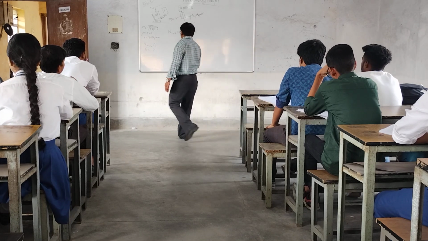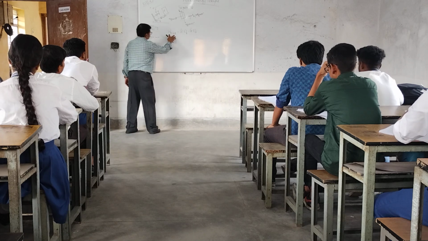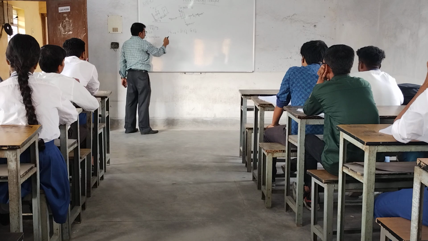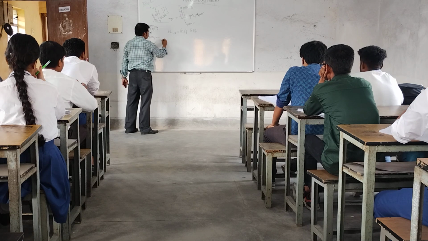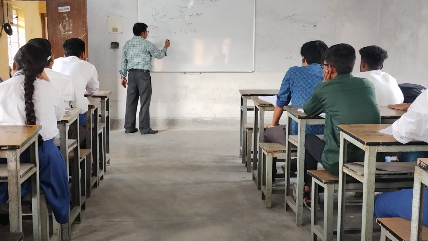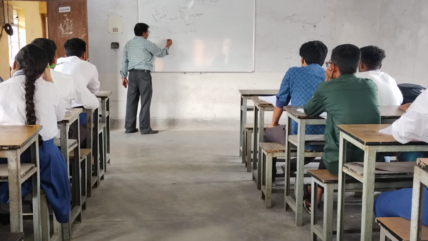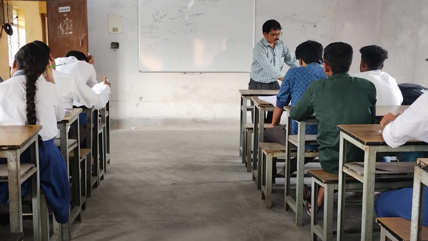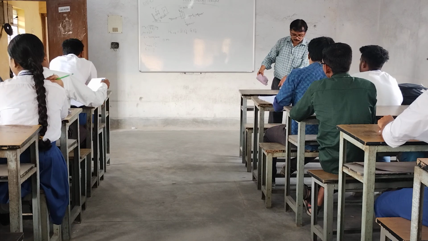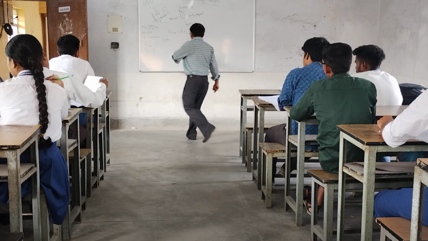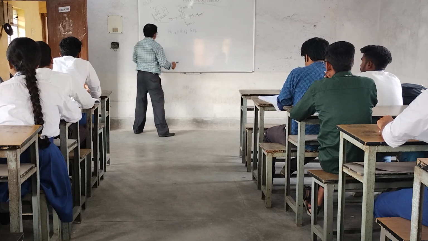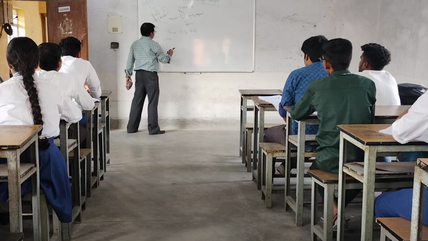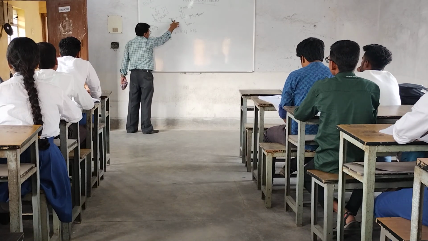So P to Q. You see what forces there are. M_A g sin 45 is in the positive direction. So write down the value: 5,000 is here, sin 45.